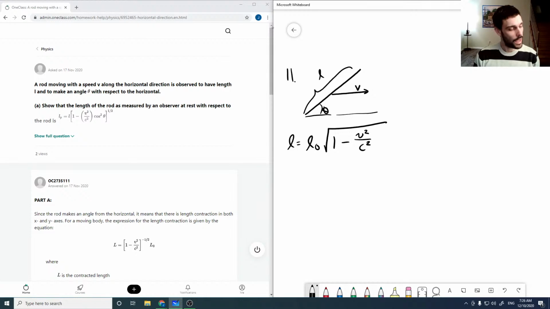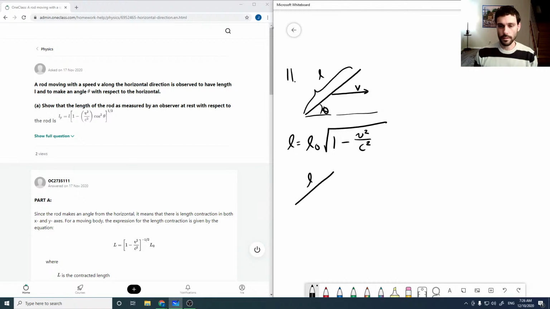But now we're at an angle. So rather than using this, we actually have to use the different directions here. So it's only going to be observed to be compressed in one direction, specifically the direction that it's moving.